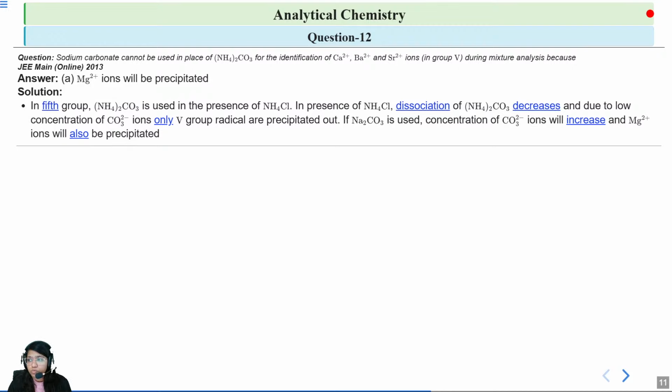So only group 5 radicals are precipitated. Using Na2CO3 would increase carbonate ions, causing Mg2+ to precipitate also. Therefore, we do not use sodium carbonate in place of ammonium carbonate. Otherwise, it will cause precipitation of magnesium ions as well.